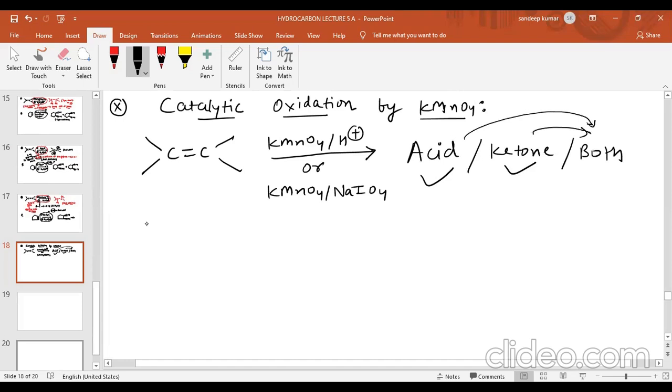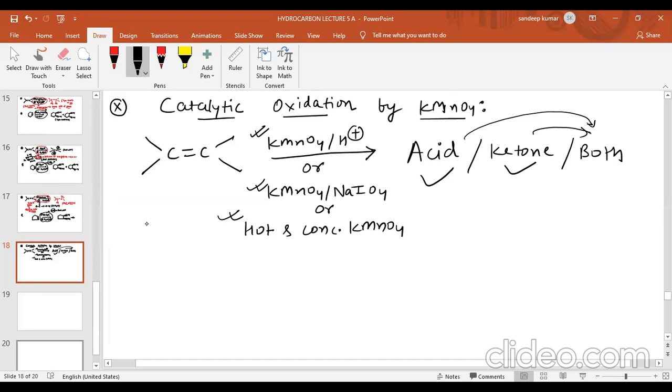These are the possibilities of products obtained. Either you can add KMnO4 in presence of H plus, or KMnO4 in presence of NaIO4, or hot and concentrated KMnO4, which will also do the same thing. So you can add any of these reagents.